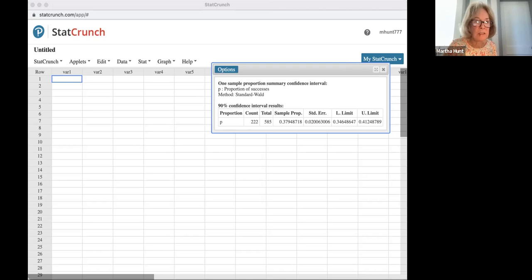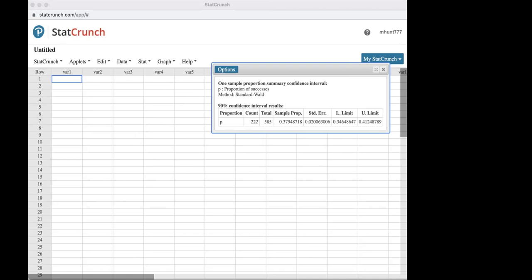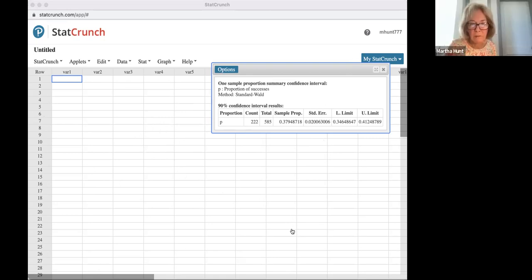And what was the confidence interval I wanted? Anybody remember? I think it's 95. Okay, we'll make it 95. Compute.